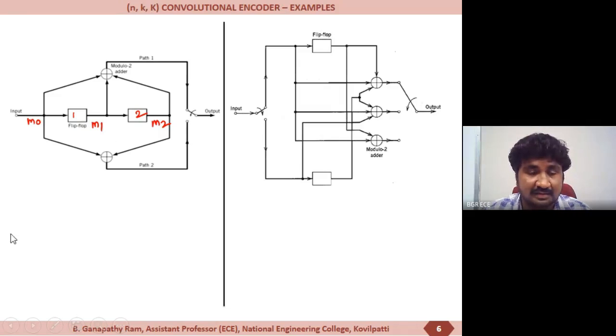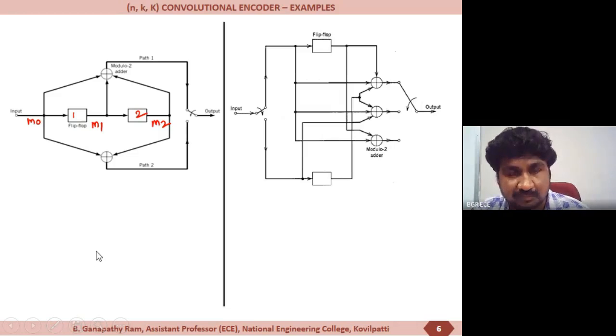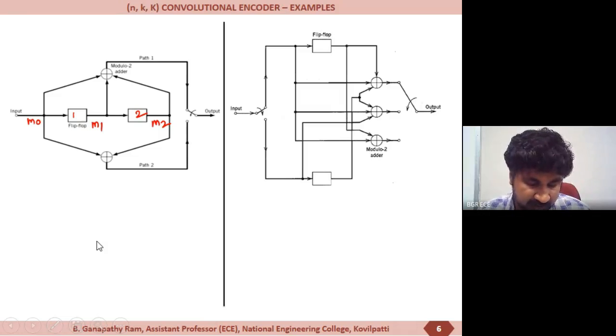Okay, no problem. We can assume like this also. Then this code word may be either on this particular direction or in this direction. So at any point of time, it will be in connection with either this path 1 or path 2.